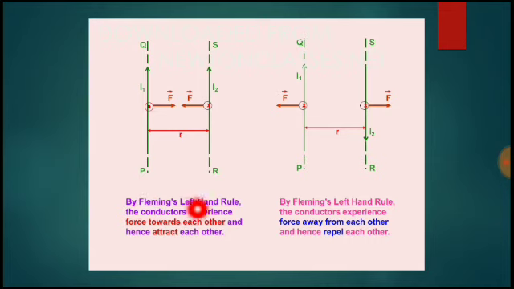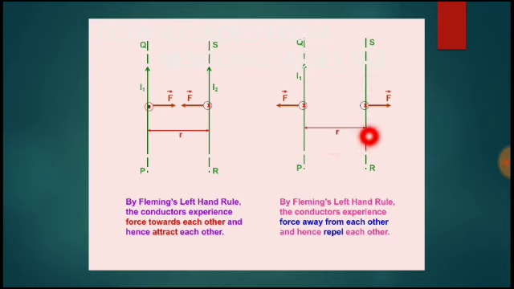By Fleming's left hand rule, the conductors experience force towards each other and hence attract each other, because the current is in the same direction.